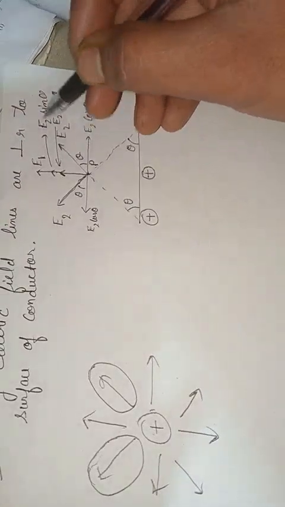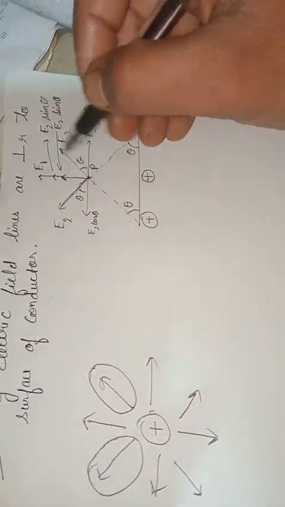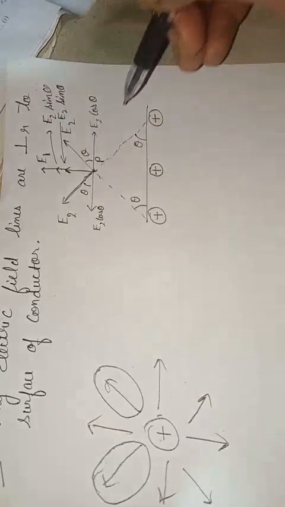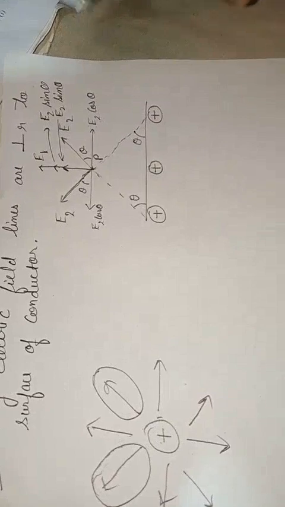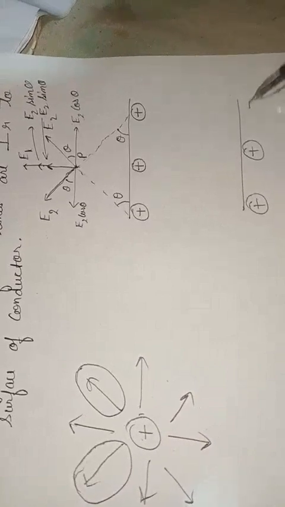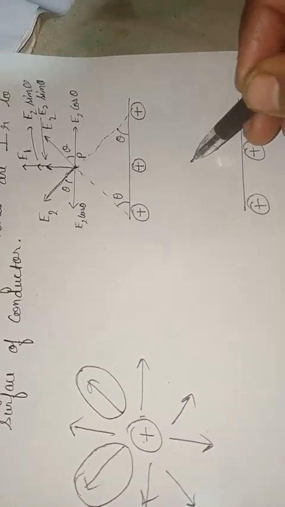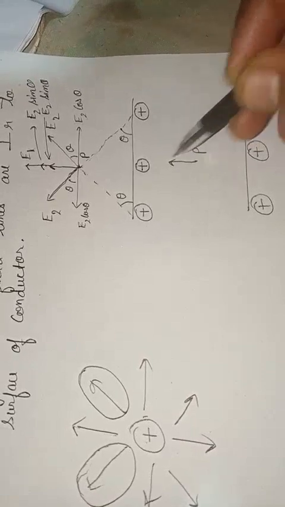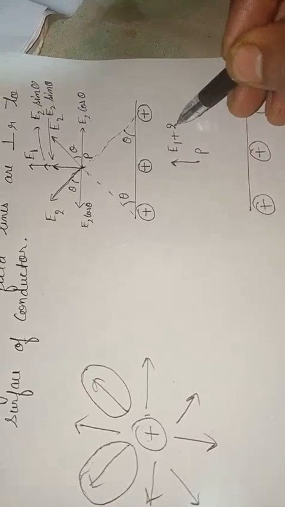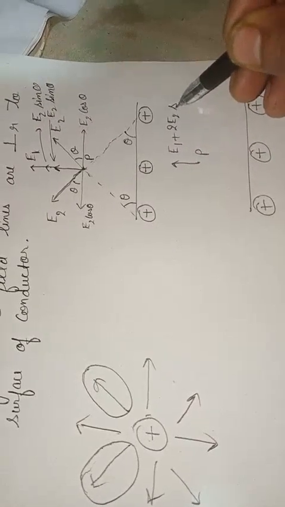So these vertical components will add up to give the net electric field at point P, and the horizontal components will cancel out each other. If I redraw this diagram, my electric field at point P will be in this direction, and the magnitude of the electric field will be E1 plus 2E2 sin theta.